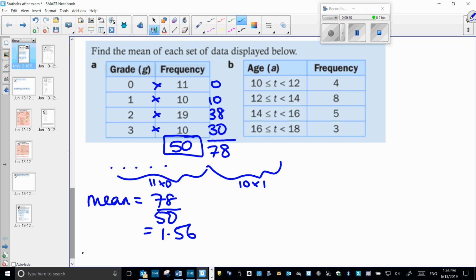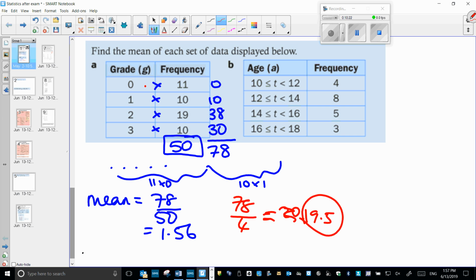This is saying that the mean value, the average value for this particular situation, is 1.56. Now, if we had done 78 divided by 4, we'd get around 19.5. Is this a sensible value, given that this is my data?